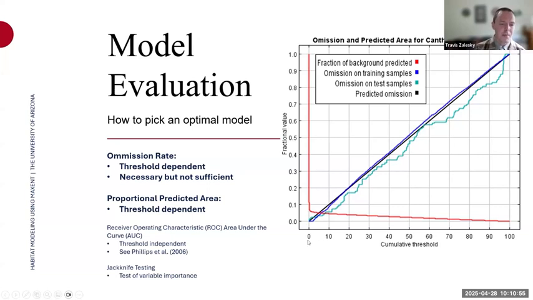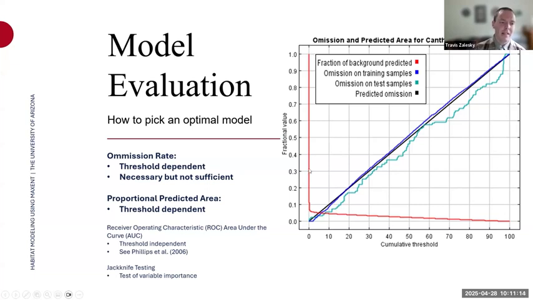So briefly here, on the x-axis of this graph, this is the actual threshold value. And in blue, we have the omission rates for the testing and training data, which should closely match with this black line, the predicted omission rate.